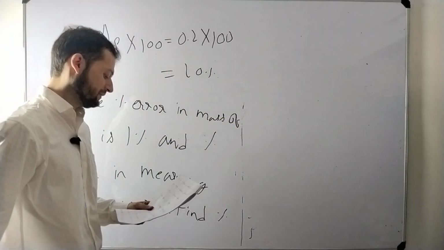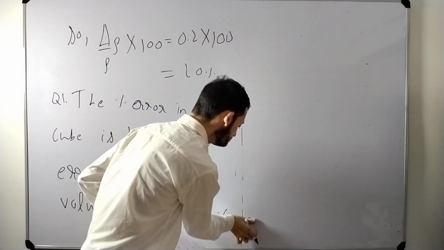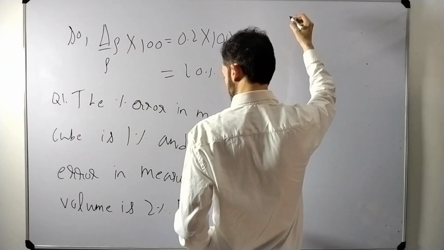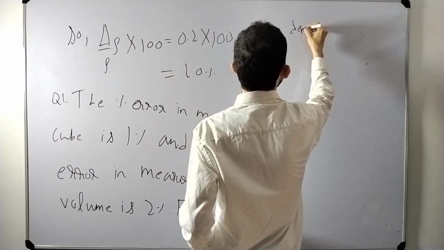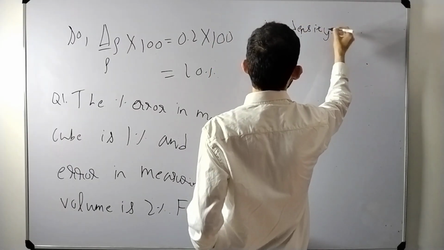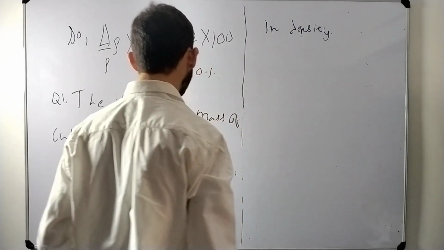So you have to find the percent error in density. Now how would you do this? So percent is already given here. What to do now?